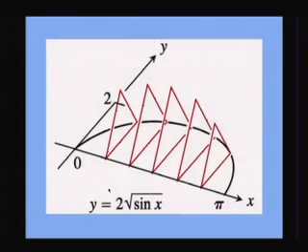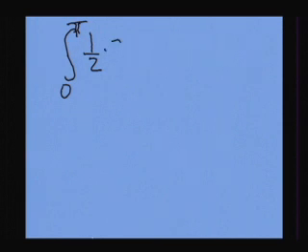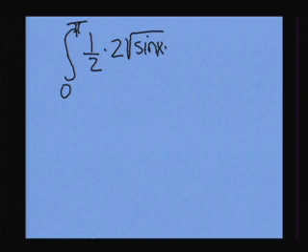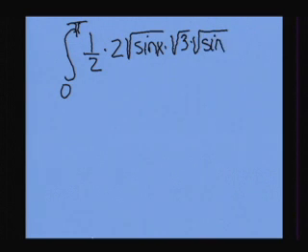It would be the integral from 0 to pi of 1/2 the base times the height. We said that the base was 2 times the square root of sine x. The height was the square root of 3 times the square root of sine x. And that's all with respect to x.